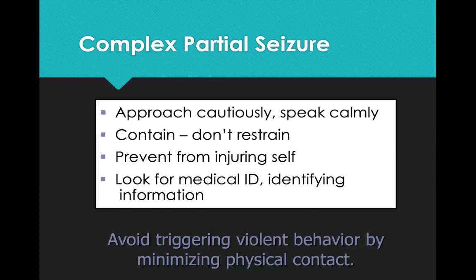I have a friend who suffers from complex partial seizures, and his wife just makes sure that he's not going to walk off into the road or off the balcony. He's tried to do that a couple of times and fallen down the balcony, down the stairs.